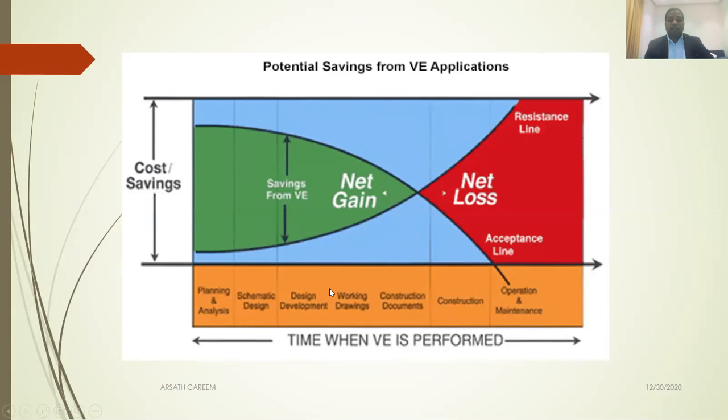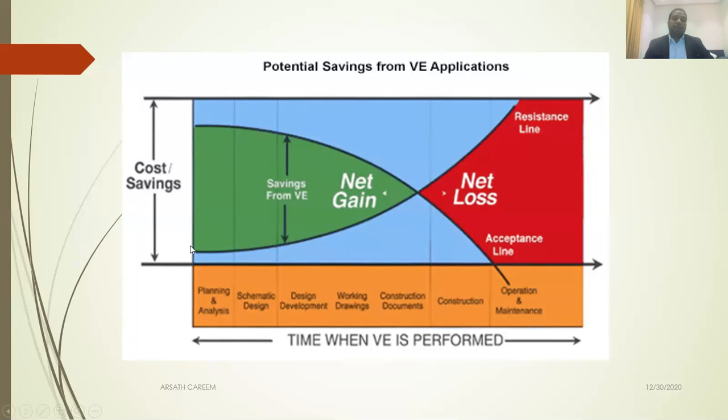Maybe the names are different from the current names, which were strategic definition, plan and brief, concept design. These are previously used names. However, there is a potential saving from value engineering in the early stage. If you do value engineering from the concept stage, there is a 10 to 20% chance of reducing the cost.